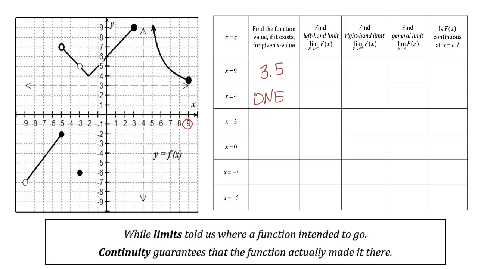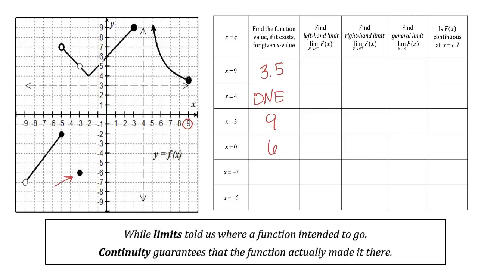Okay, when x is 3, do we have a for sure value? Sure, it looks like it's going to be 9. What about when x is 0? When x is 0, y is 6, or the function's value is 6. At negative 3, it looks like our for sure value is down here.